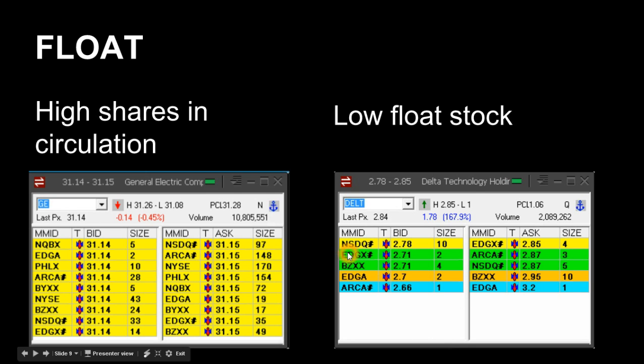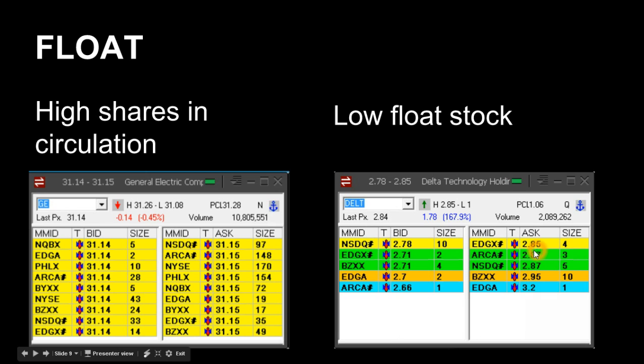So we want to look for stocks that have normal float, maybe low float, but a lot of interest from the public. In this case, Delta Technology Holding has really low float. As you can see, we have only 1, 2, 3, 5, 6 price levels that people are interested in on the buy side, on the demand.